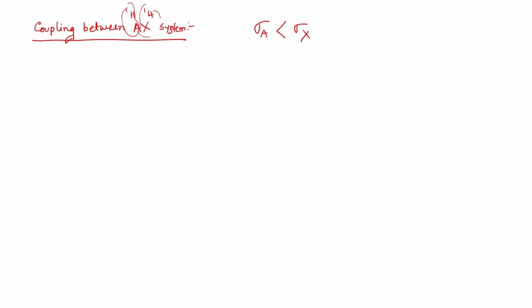So for a typical case, suppose we are saying there is no perturbation. Actually this coupling is going to be the perturbation, right? Coupling is going to be the perturbation.